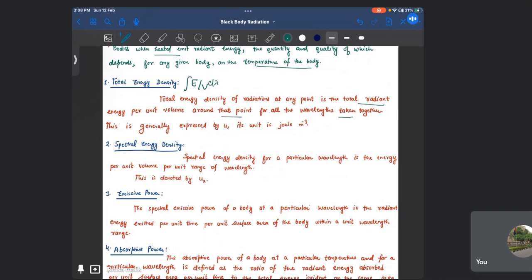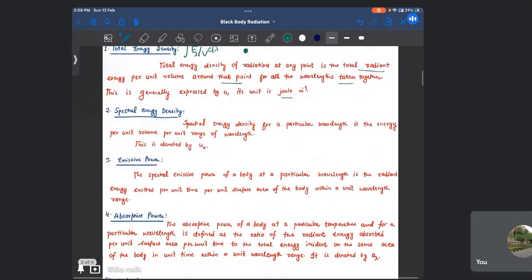And this is expressed in joule per meter cube. Spectral energy density means you have energy per unit volume per unit wavelength. This spectral energy density is defined by U lambda.